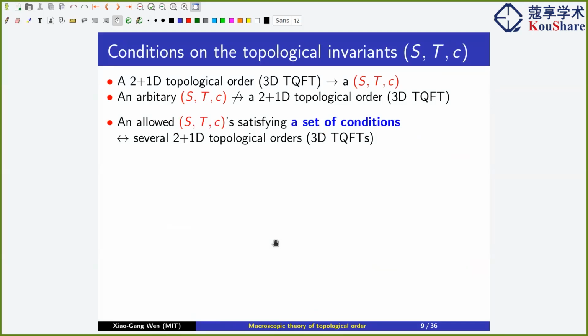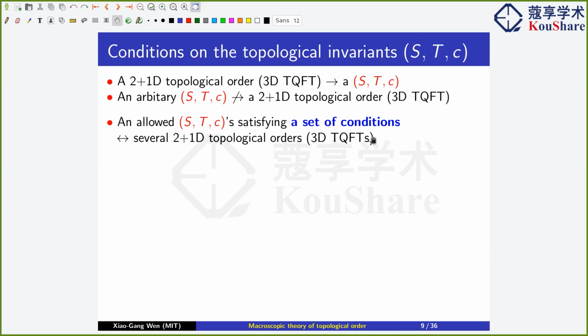Okay, so let's pretend ST matrix is enough. The next question is the following. We know that the ST matrices form a representation of SL2Z. So for every topological order, we have ST matrices, and they form a representation of SL2Z.